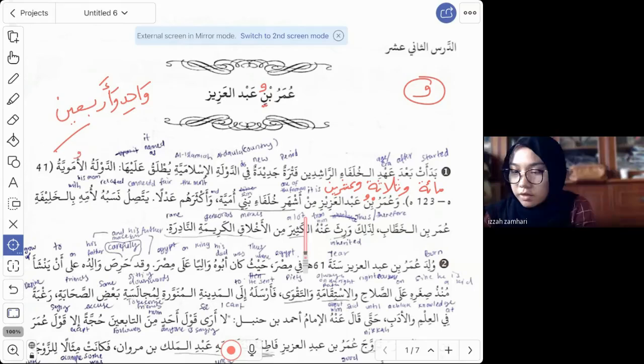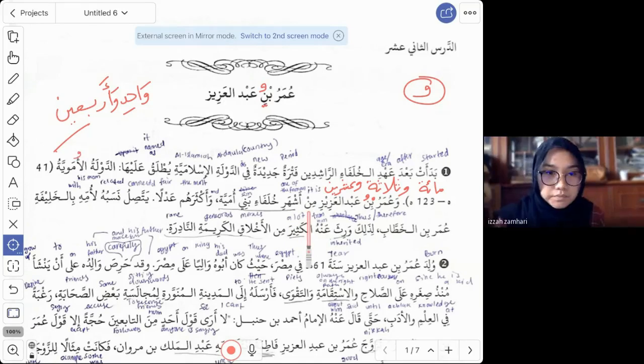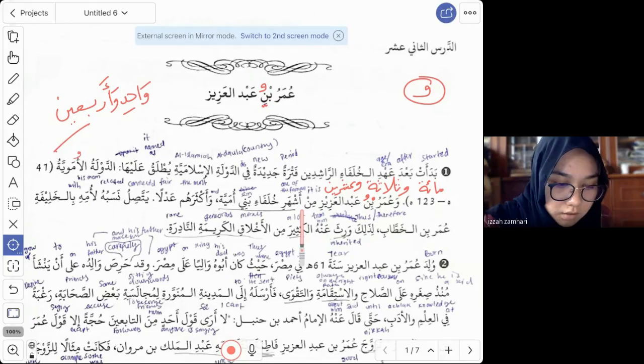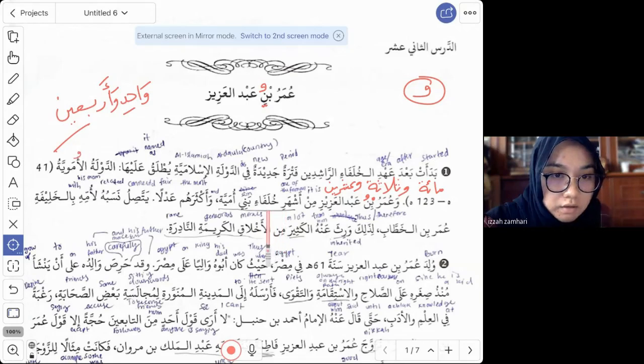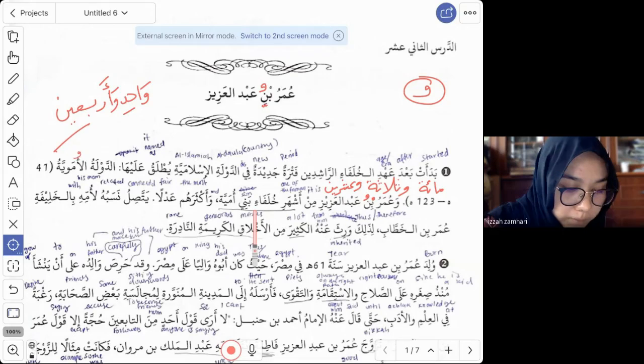The meaning: min ashhari means one of the famous Khulafa of Bani Umayyah.